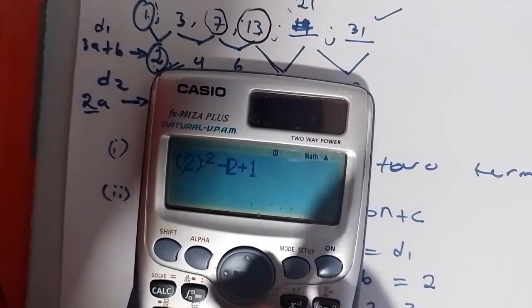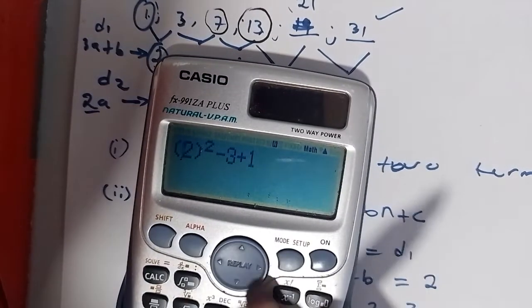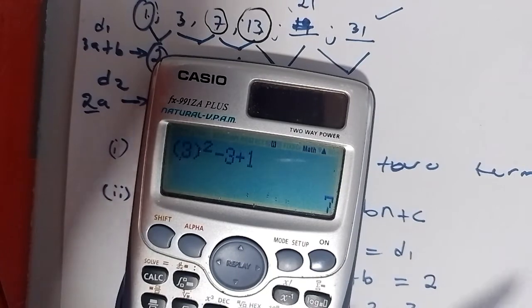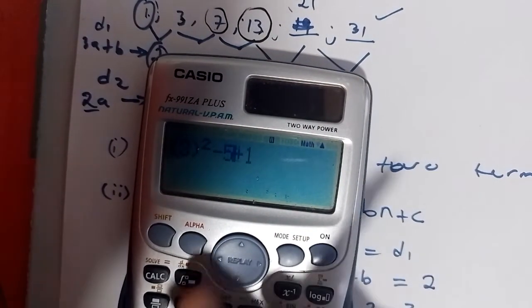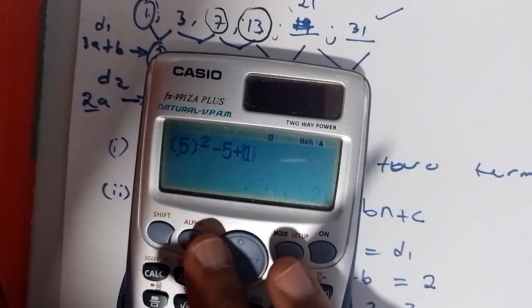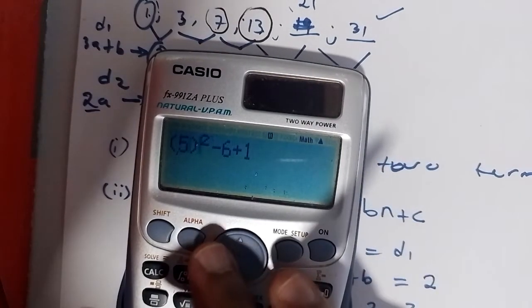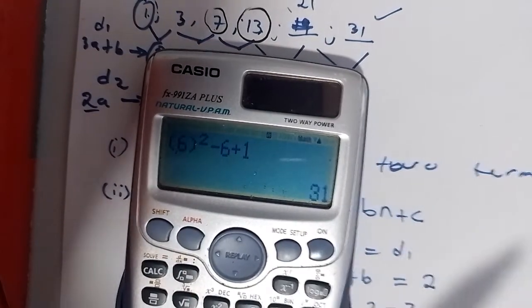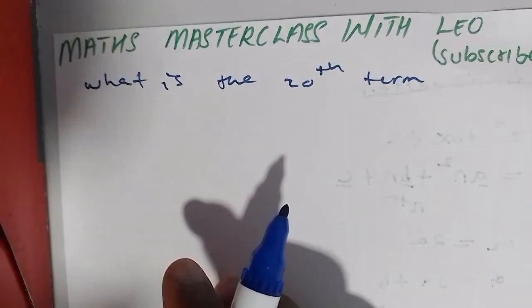Third term, 7. Fourth, okay, let's just take term number 5, 21. Term number 6, 31. Right there. Then let's take the next question.